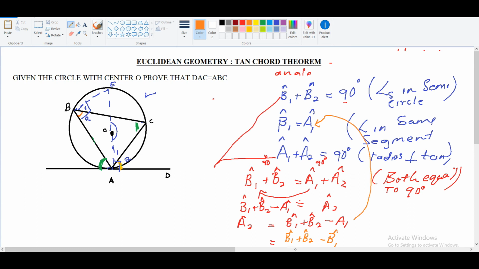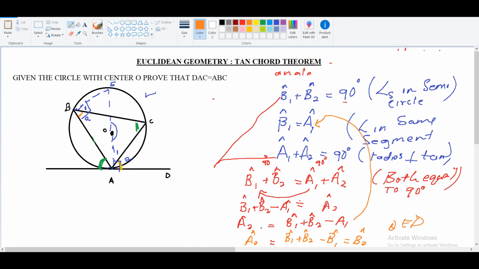So what is this? B1 and B1, a positive and a negative, so this one subtracts that one and you remain with B2. So A2 is equal to B2. So we have already proven that, so it's quite easily done.